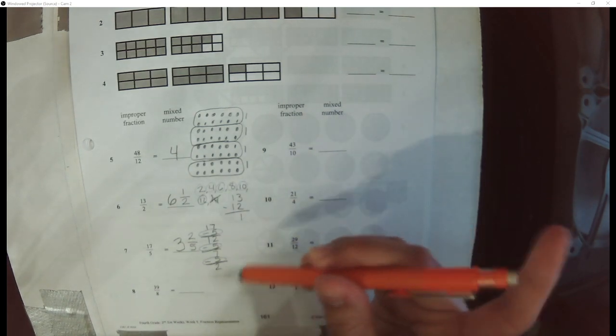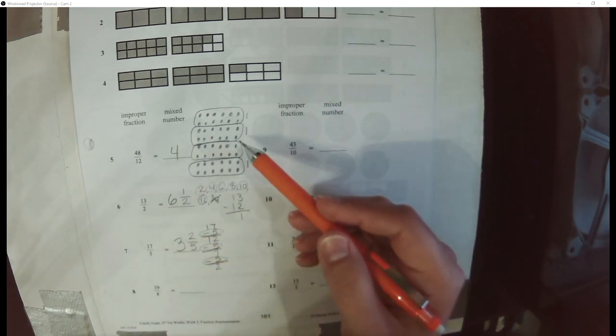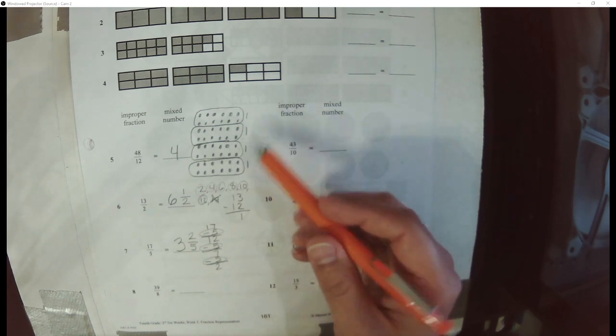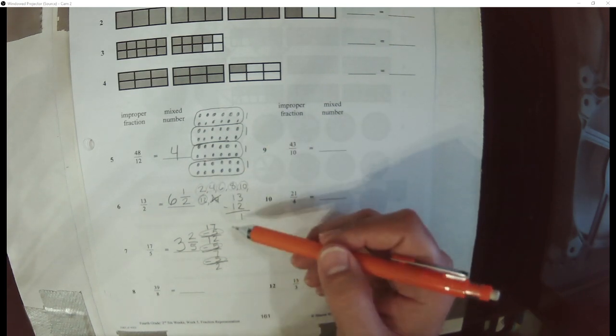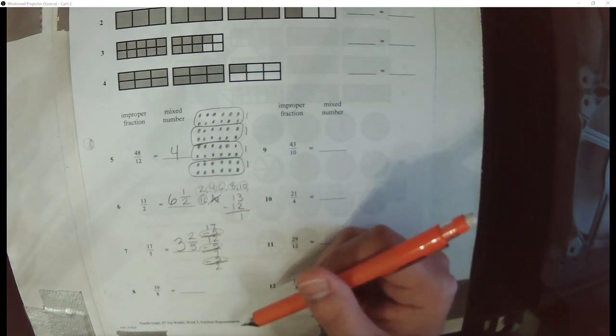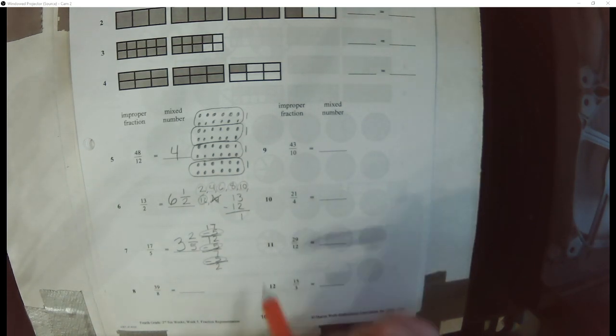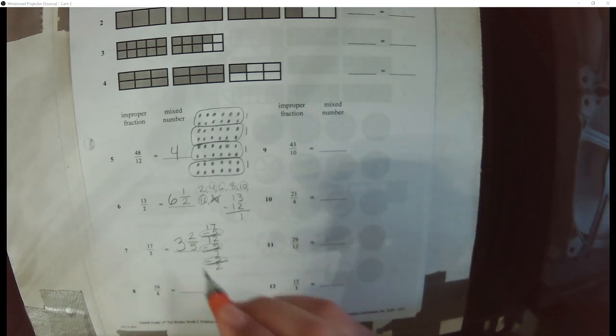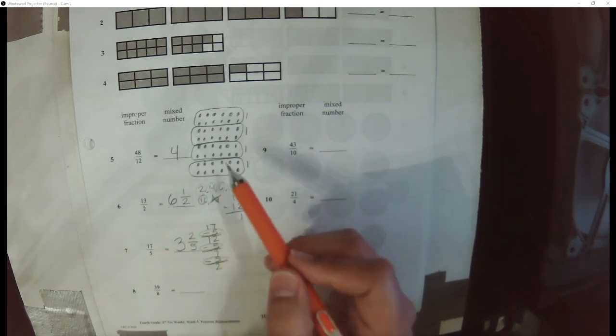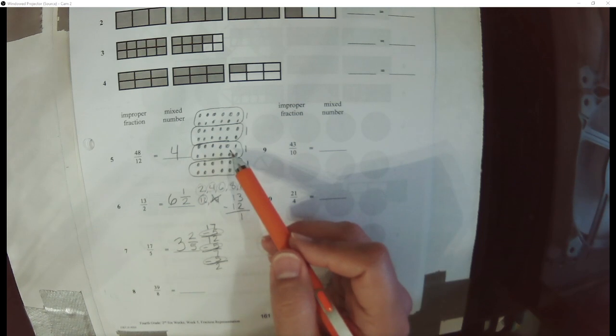Now again, all of these methods work. Drawing the dots works. Using the number songs works. Using subtraction works. It all just depends on which one works best for you. The one I would suggest that you do not stick with is the dots.